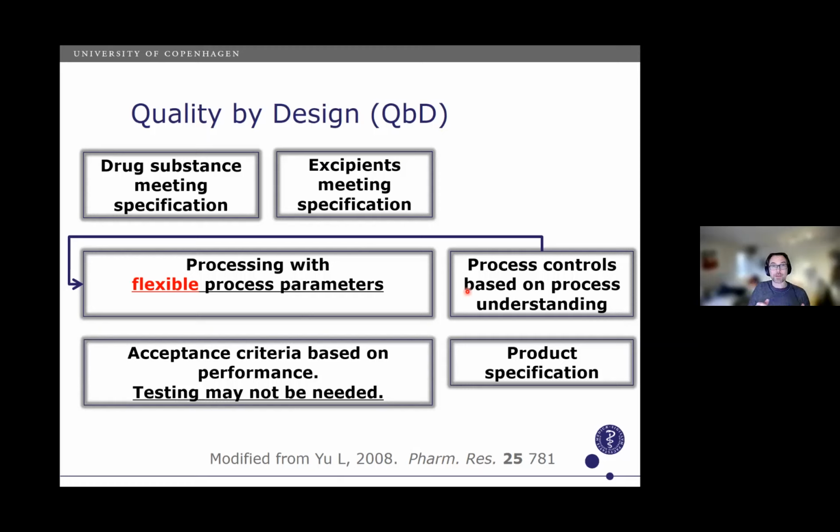So acceptance criteria can be based on performance, and then part of the testing can be reduced, and it can be even that the product is fully based on real-time release testing, and that's an important concept when it comes to process analytics. So you collect enough information during processing so that you can release the batch immediately after production, and that would be an efficient and cost-saving approach for the production.